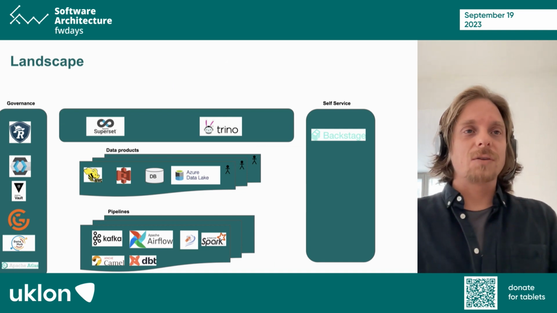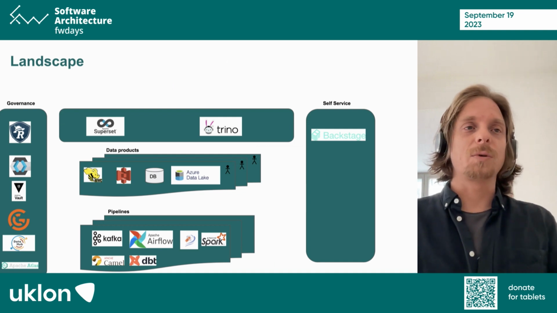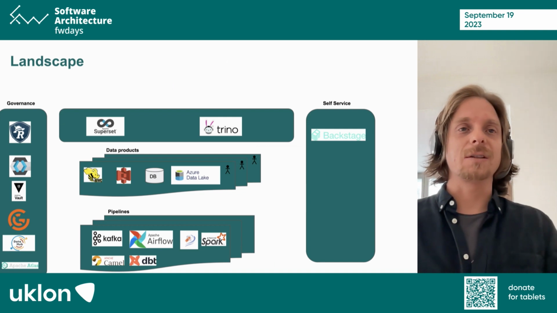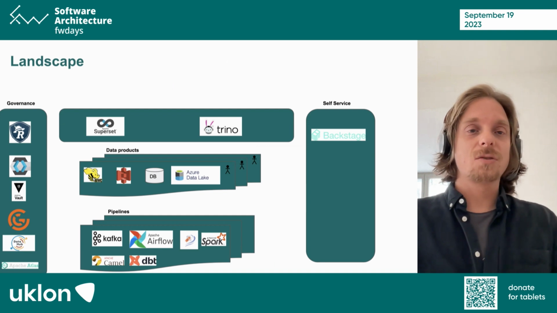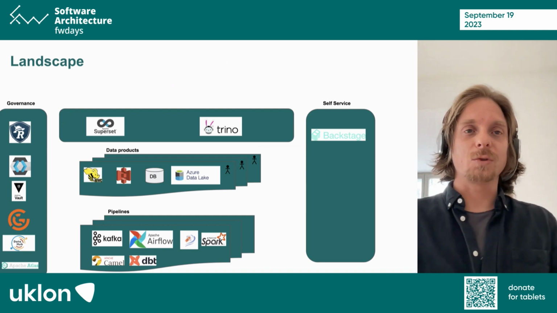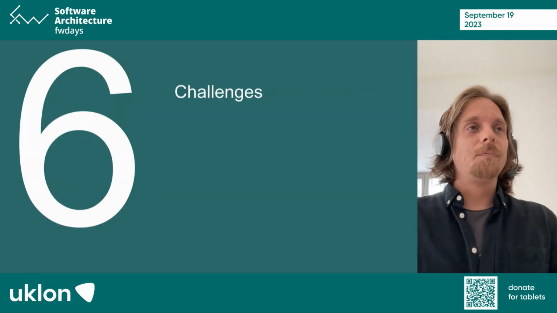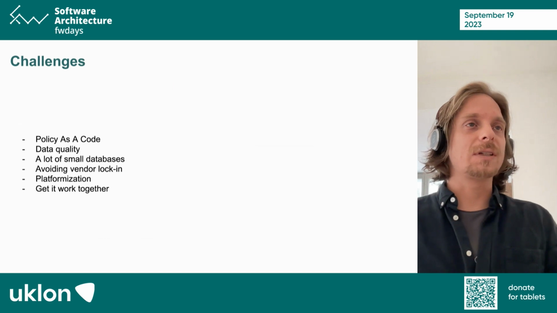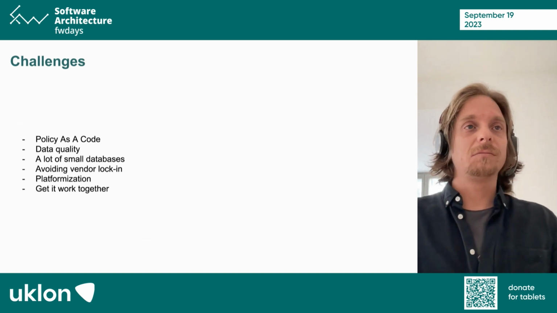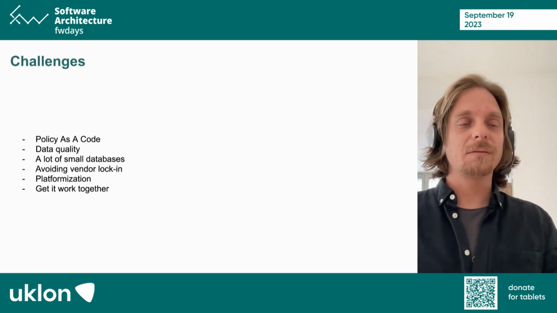If it's difficult to find some data, you'll probably end up duplicating the work of acquiring it and exposing it, which we would prefer you not to do. Yeah, that's basically it about policies, data quality, and challenges that we were facing.